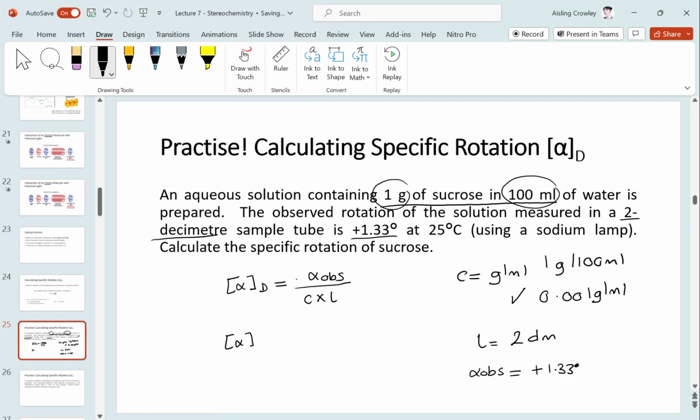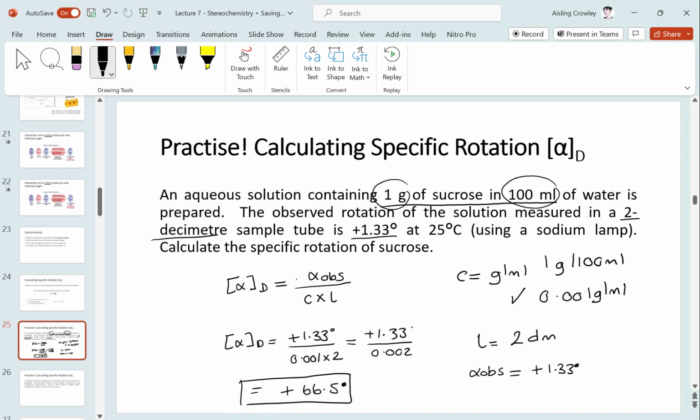So alpha D is equal to plus 1.33 degrees divided by a concentration of 0.01 times 2. I'm going to keep that plus value with me the whole time. That's 0.02, and that gives me an answer of plus 66.5 degrees, because it still is a rotation. So this is my answer.